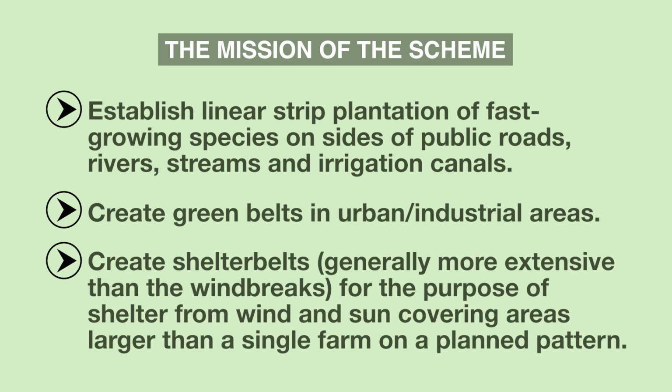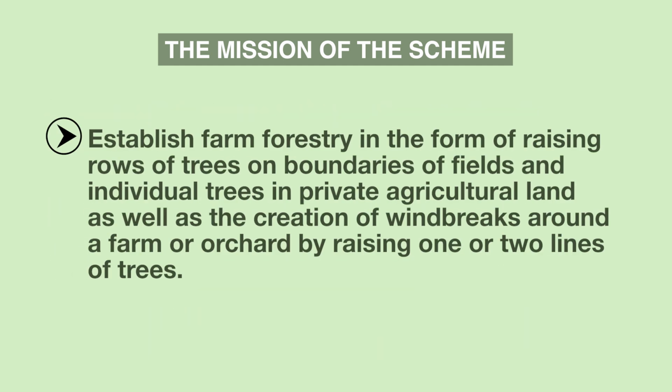Create shelter belts, generally more extensive than the windbreaks, for the purpose of shelter from wind and sun, covering areas larger than a single farm in a planned pattern. Establish farm forestry in the form of raising rows of trees on the boundaries of the fields and individual trees in private agricultural land, as well as creation of windbreaks around a farm or an orchard by raising 1 or 2 lines of trees.